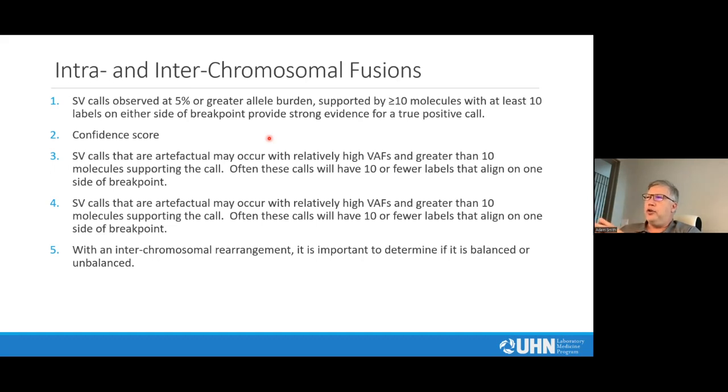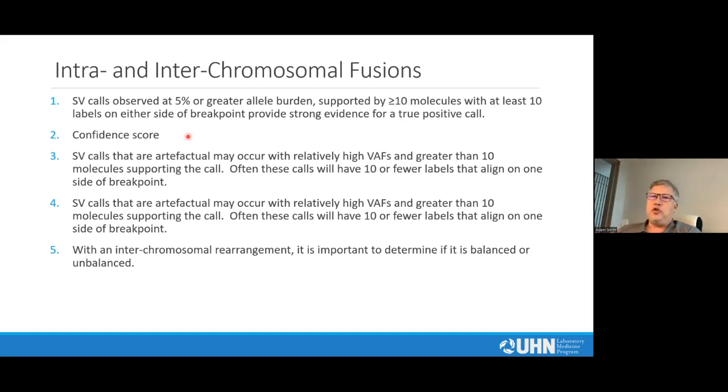We also have a look at the confidence score. The confidence score goes between 0 or -1 in some cases, up to 1 or 100%, which would be very confident. Confidence score is a guide. It's not the be all and end all. If you have a very real looking rearrangement with a low confidence score, it can still quite possibly be real, given that it meets all the other criteria.